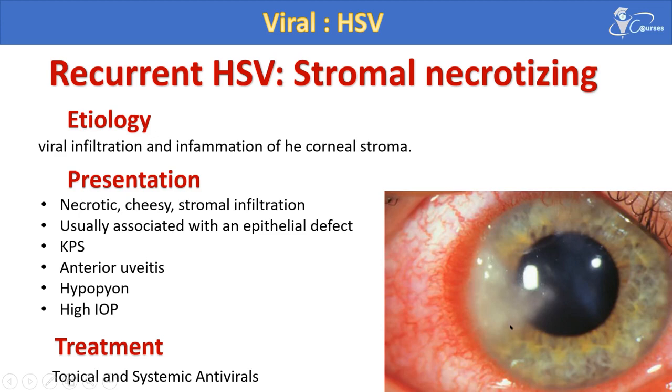Maybe this is why it is mistaken as fungal or bacterial, that they have a stromal infiltration. Many don't imagine that the virus can cause infiltration. They have only that classic picture of the dendritic ulcer or geographical ulcer, thinking about only the epithelial keratitis, but remember that it also can affect the stroma.